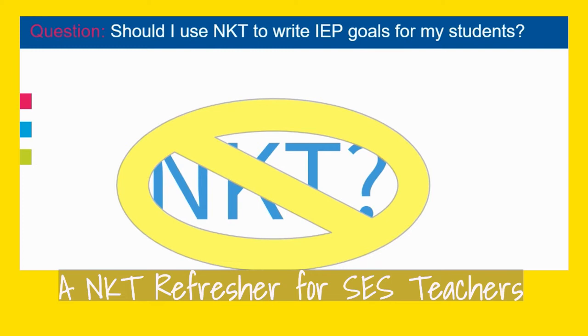If we think of this in light of the critical learning phases, we know that in order to diagnose or intensively flag a student's area of need in the learning phases, we need something more specific than the general understanding that we get in the NKT.